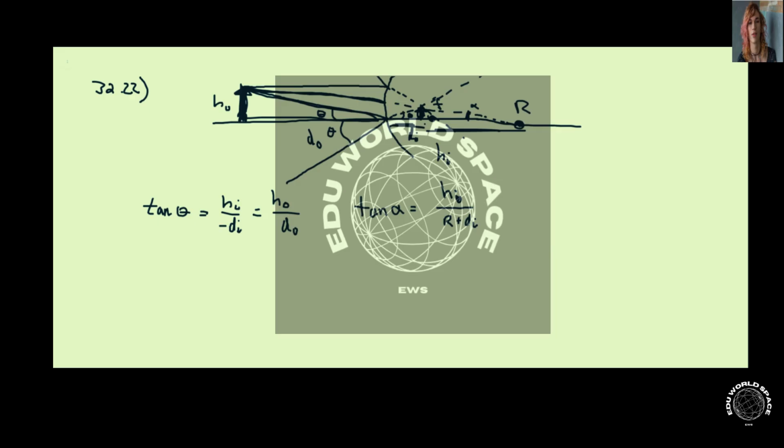We can also think of this as the very big triangle all the way to the object, and this will give us the object distance over the object distance plus the radius of curvature. Cool. So now using these, we can start to solve some stuff.